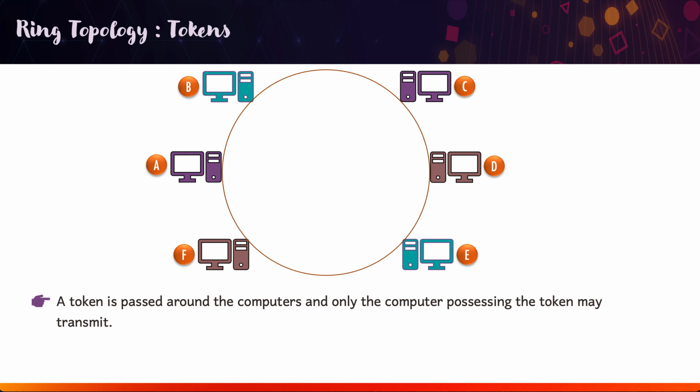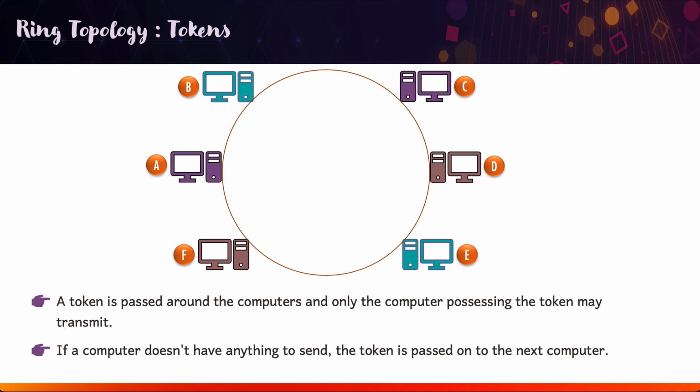This is essentially a way of regulating or controlling the data traffic transmission onto the wire, which is essentially to say that only the computer that has the token can send the data, therefore the collisions may not happen. If a computer doesn't have anything to send, and if it gets the token, then it just releases the token and sends it to the next computer.